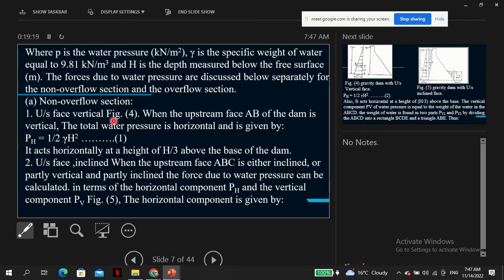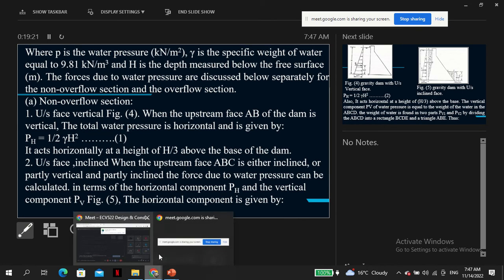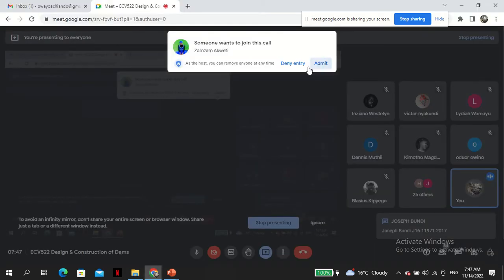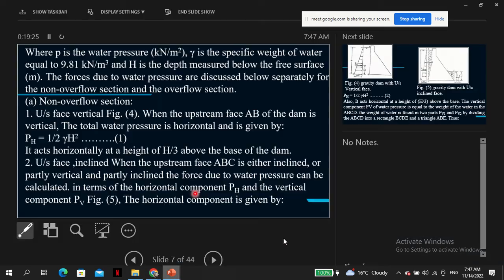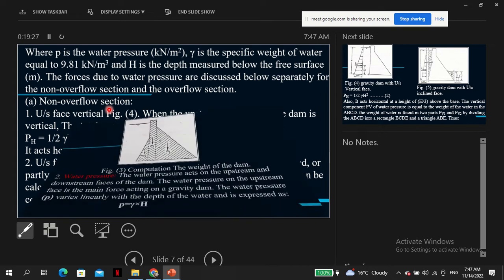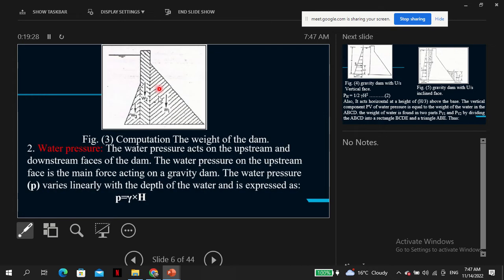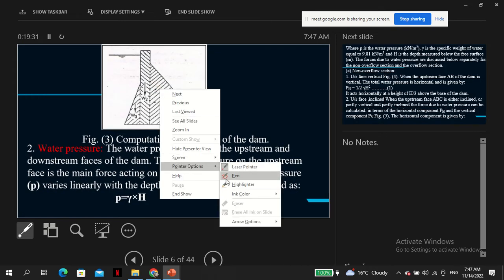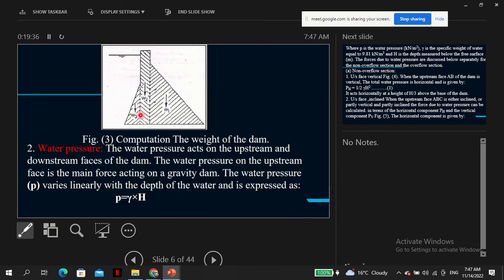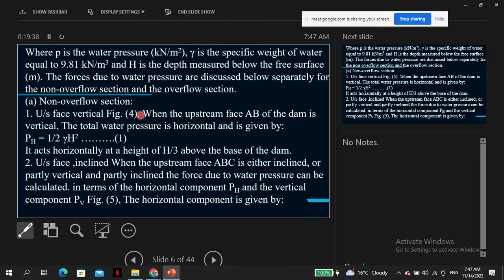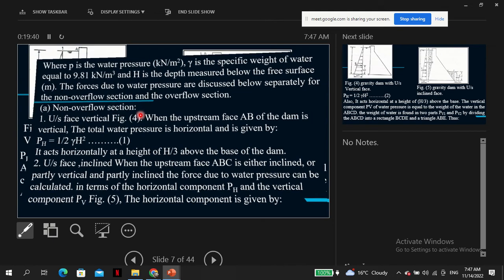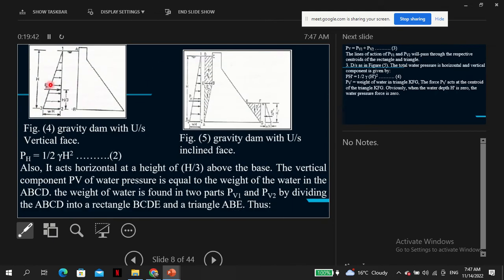okay. This you should know by now, or I believe you know. Let's use the figure. So this is the pressure diagram.